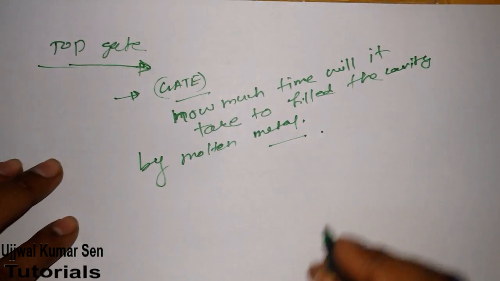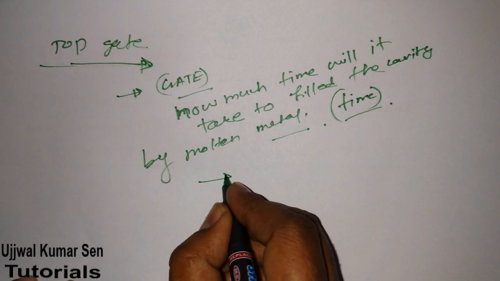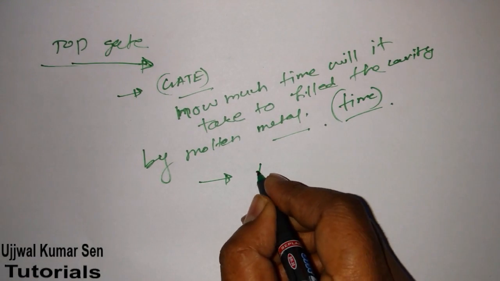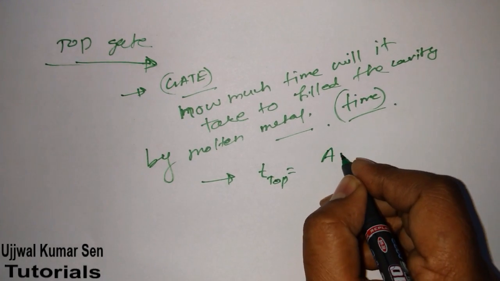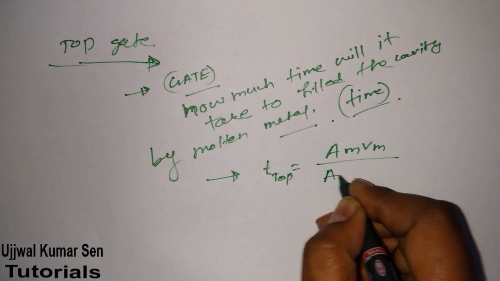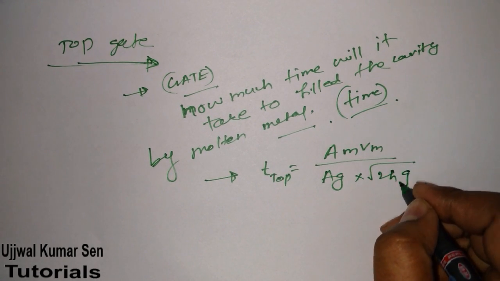That means they're asking about time, and for this I have a formula: T is equal to, for top gate, AM VM AG 2H G.